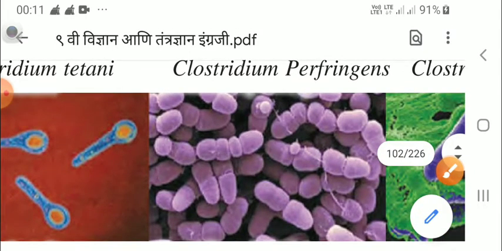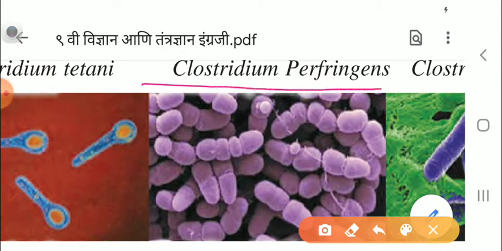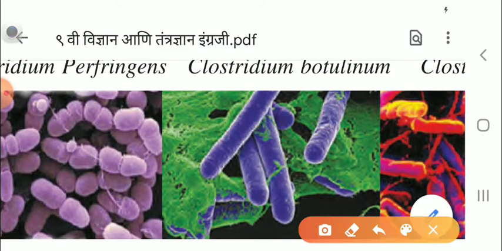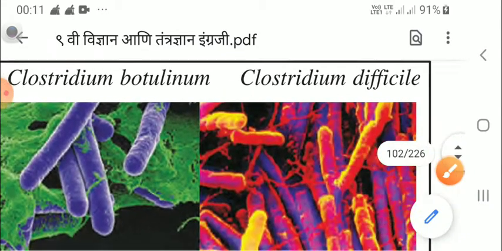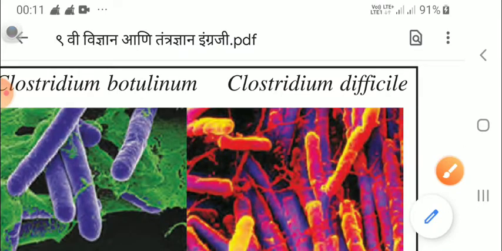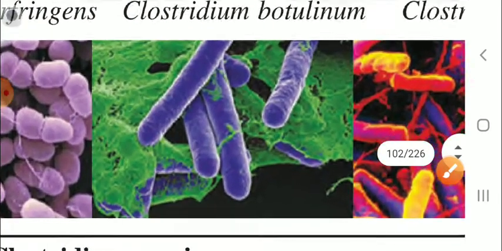Now second is Clostridium perfringens, and third is Clostridium botulinum, and fourth is Clostridium difficile. So these four types of bacteria you can see here.